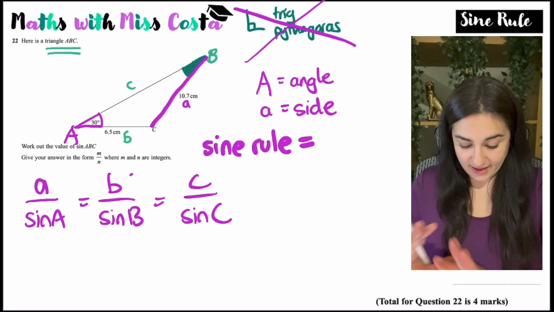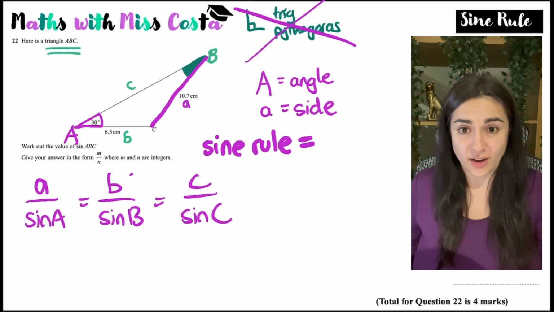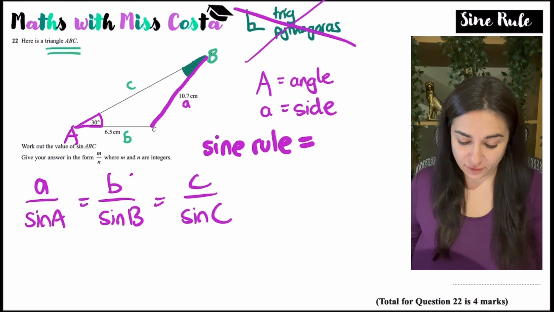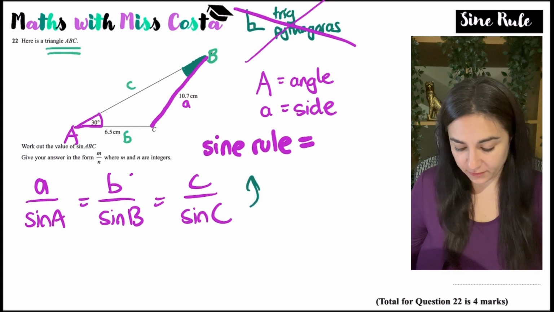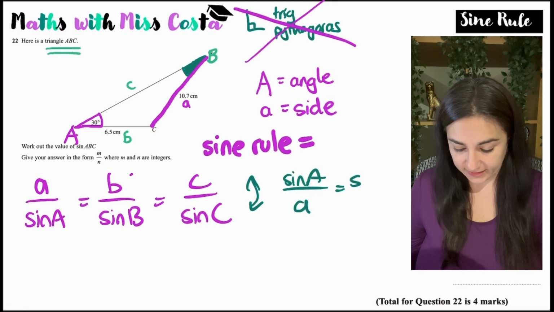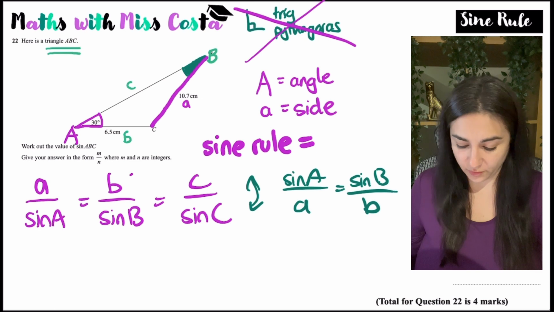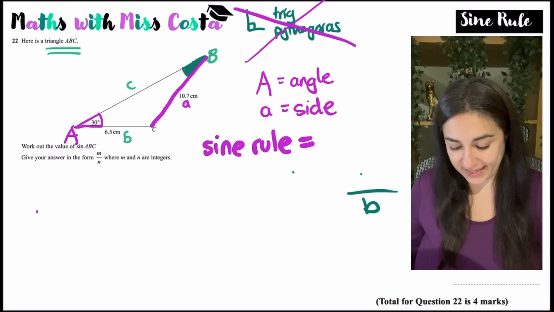So that might not make any sense. If you've never done this before, then watch the video on the sine rule separately to familiarize yourself, but just a quick recap of the sine rule. And obviously you can flip it, so you could get it to be sine A over a equals sine B over b, and so forth. You decide which way you want to use based on what information you've been given.